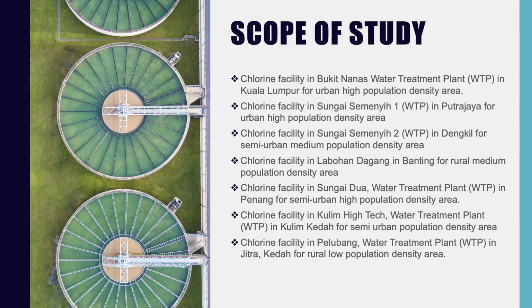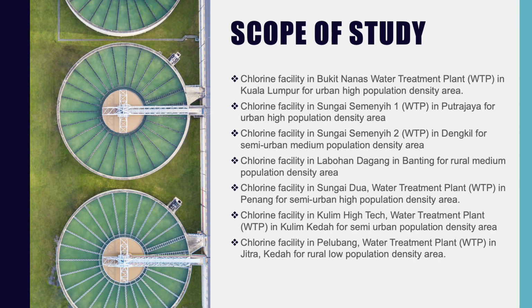The scope of the study for this research proposal is chlorine facilities in the areas of Selangor and Kuala Lumpur. The targeted area is the high density population area at Bukit Nanas water treatment plant. And the next is a chlorine facility in Sungai Semenyih 1 in Putrajaya for the urban high population density area.